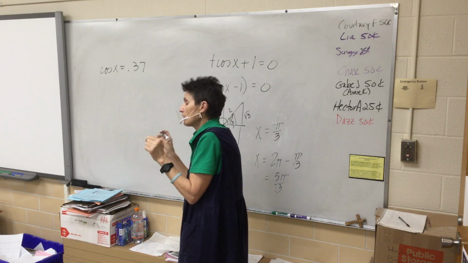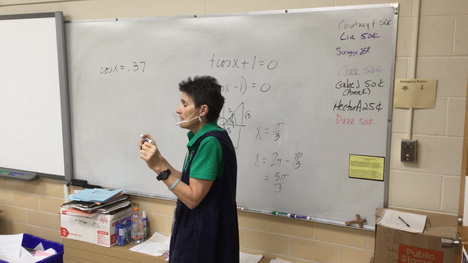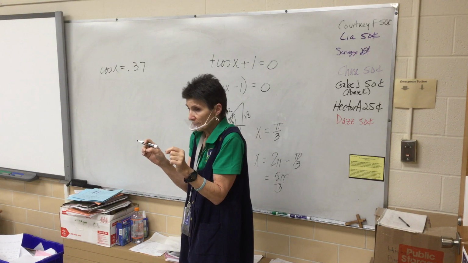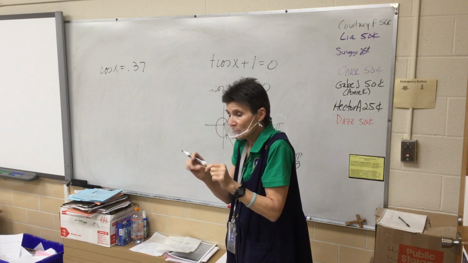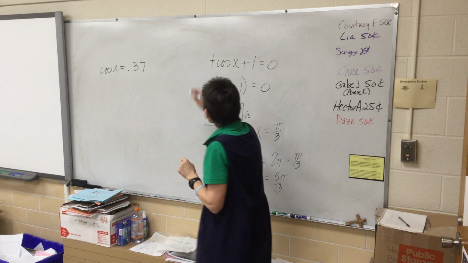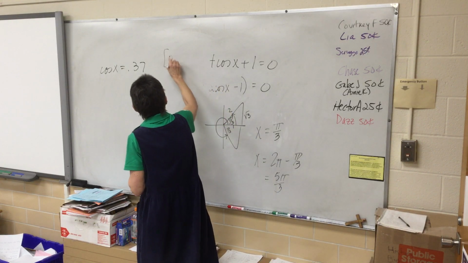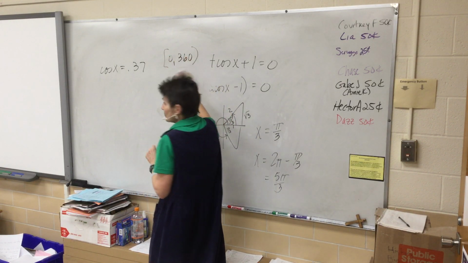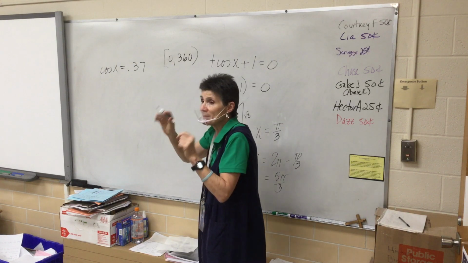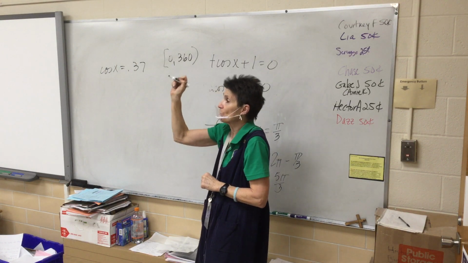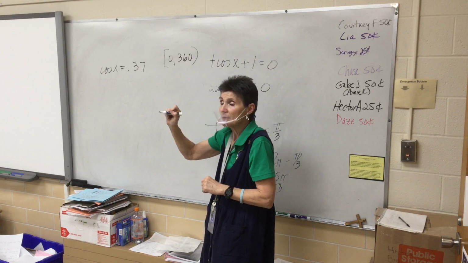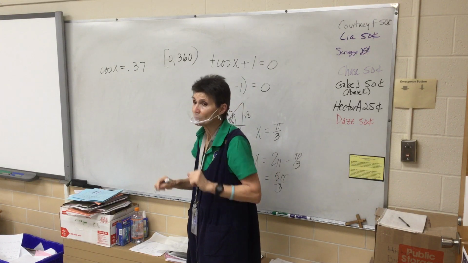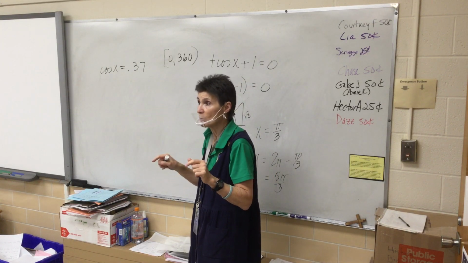But here's the part that I want you to pay attention to. All solutions. All the problems we've done up to this moment, we have had a definite domain, whether it was in degrees or in radians. And what did that mean? We were going around the circle one time, so we would have one answer in quadrant 1, one in quadrant 2, and so on.